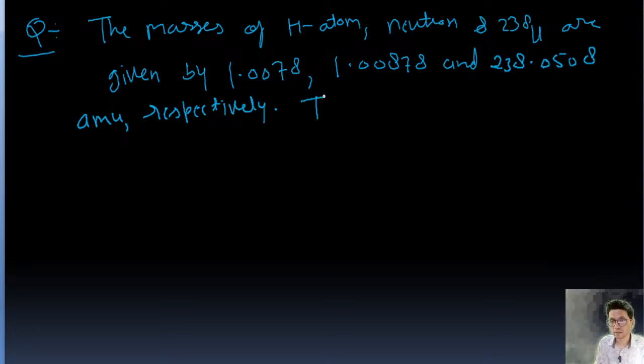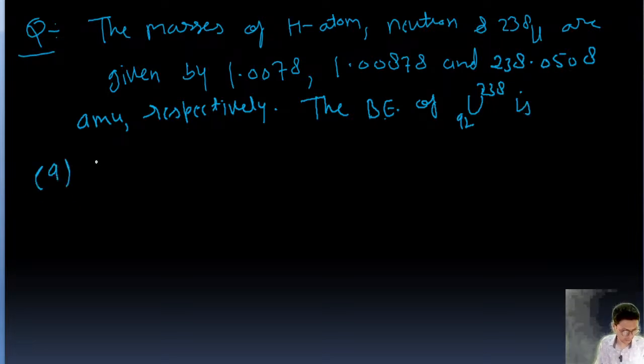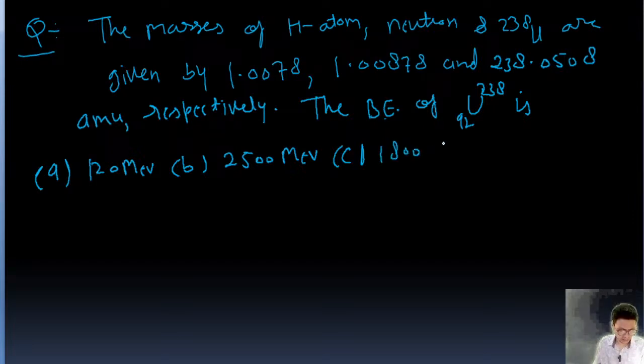The binding energy of 92 uranium 238 is, okay, options are: option A 120 MeV, option B 2500 MeV, option C 1800 MeV, and option D 140 MeV.